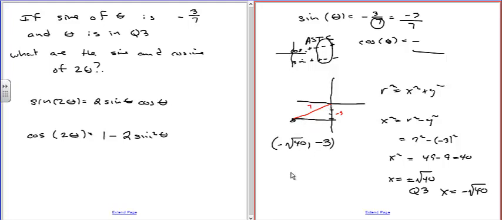So from that you can remember the cosine of some angle theta at any point is equal to x over r. Well, x is negative the square root of 40, r is 7. So that's the cosine, negative the square root of 40 over 7.